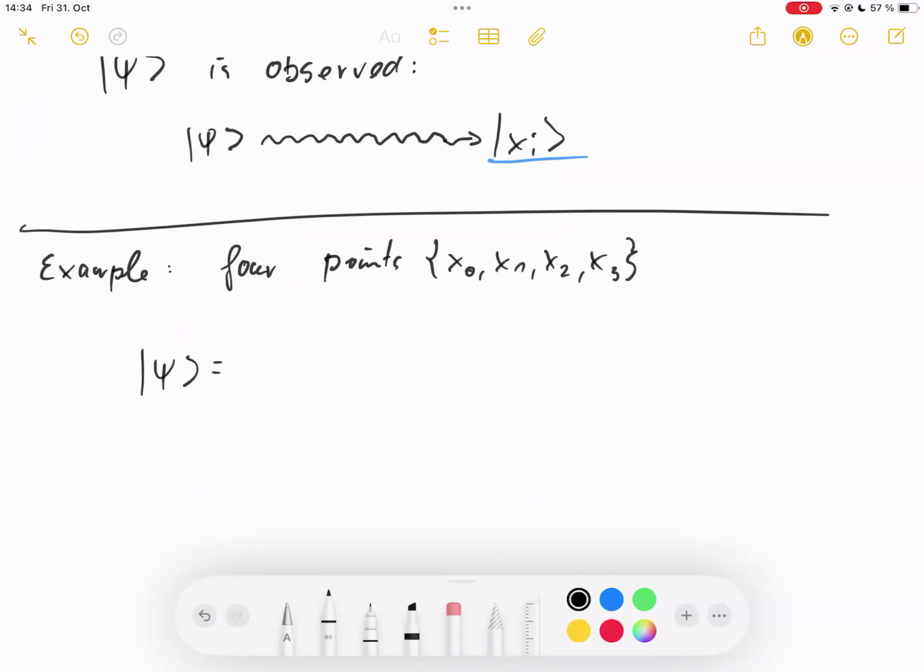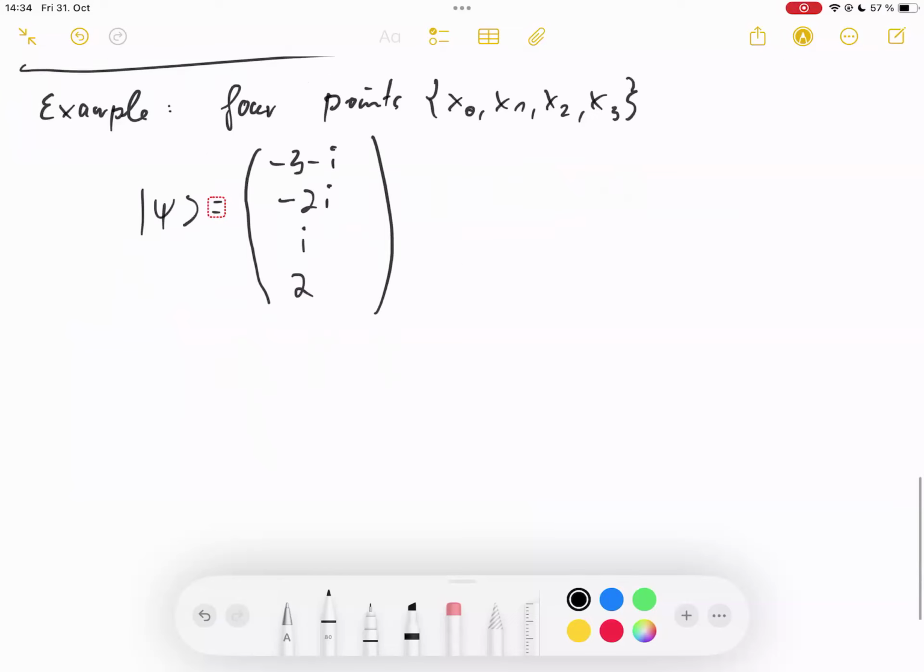And eventually our scikit has 4 entries. As a concrete example, the first entry is -3 minus i, so that's the first complex amplitude, then -2i, i, and 2. And maybe let's start with calculating the norm.